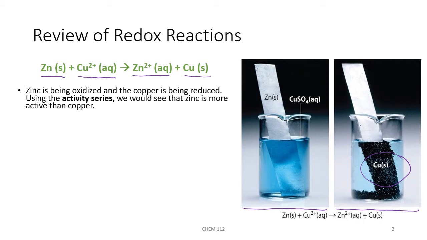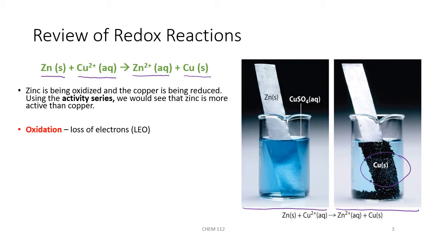So in this example, zinc is being oxidized and copper is being reduced. If we were to use that activity series, we would see that zinc was higher up than copper, meaning it wanted to be oxidized more so because it's more active per se. So active is just another word to define who wants to be oxidized.